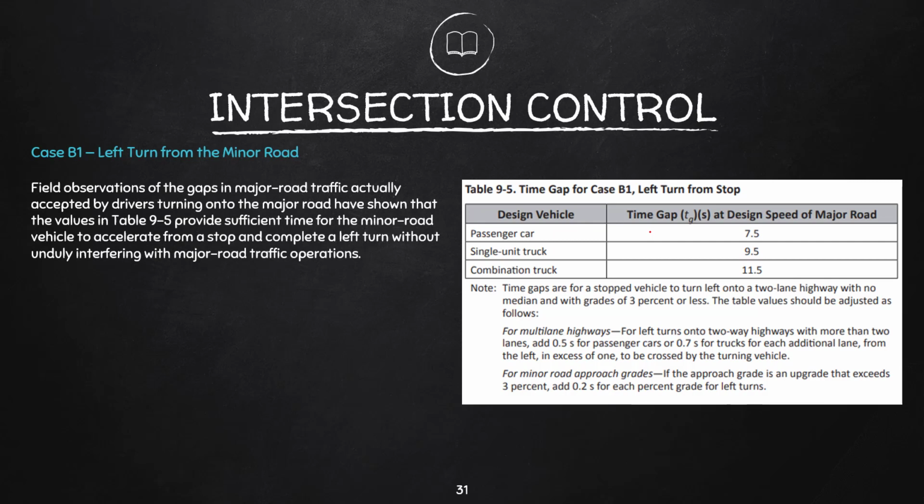Field observations of the gaps in major road traffic actually accepted by drivers turning onto the major road have shown that the values in Table 9-5 provide sufficient time for the minor road vehicle to accelerate from a stop and to complete a left turn without unduly interfering with major road traffic operations. So these are the time gaps, the time of acceleration of the cars from the stop to complete its maneuver.